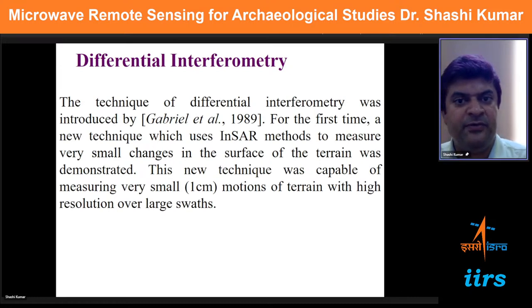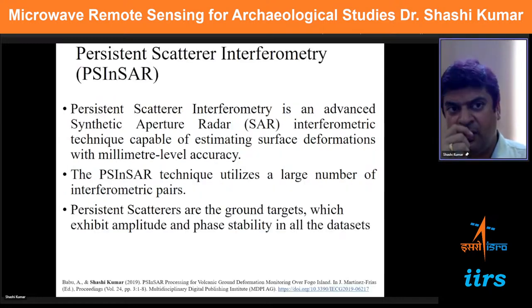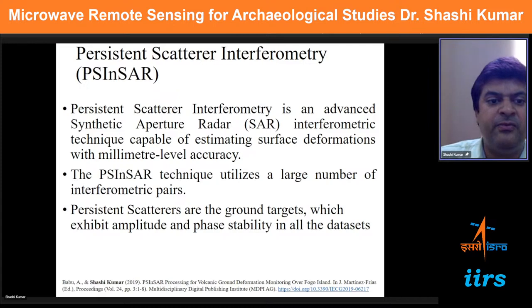Now, when we come to differential SAR interferometry, this technique was developed in 1989 by Gabriel et al. This technique can provide the subsidence information or velocity information up to 1 centimeter. But by using the PSInSAR technique, one will be able to measure the subsidence on the ground surface at millimeter scale.